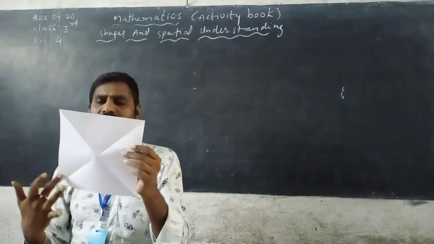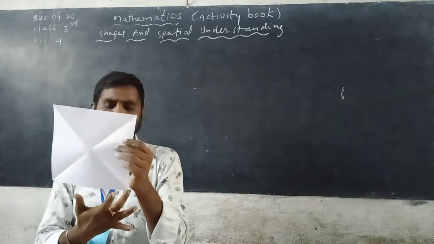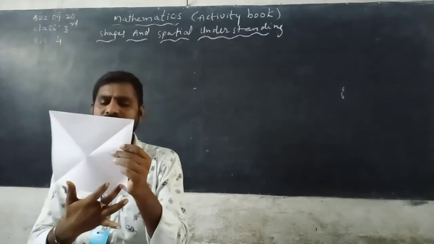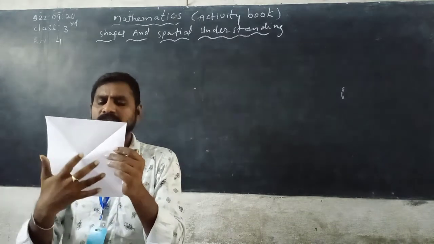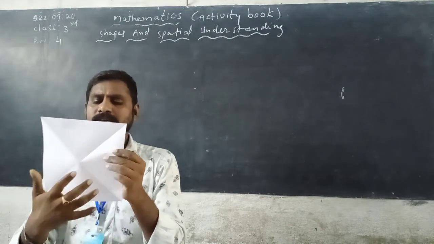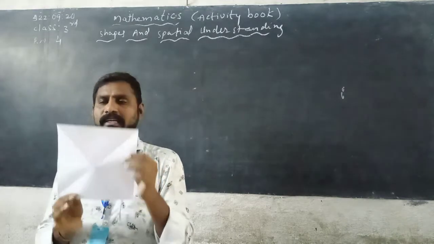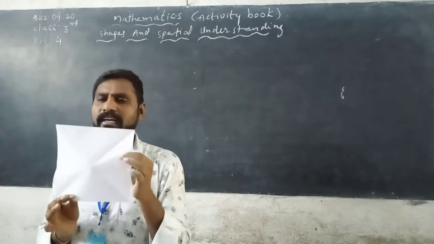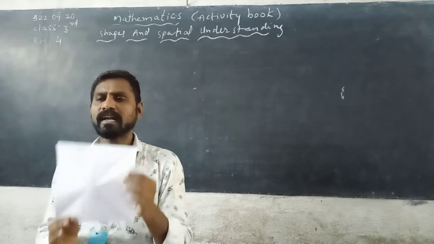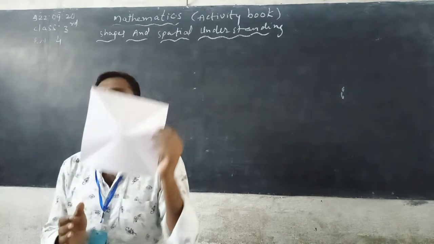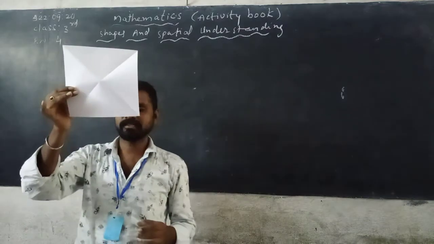So you can draw one diagonal between these opposite two corners, one line segment. So you can get two diagonals in a square. This is a square. It has four sides equal in length, four corners and two diagonals. This is called a square.